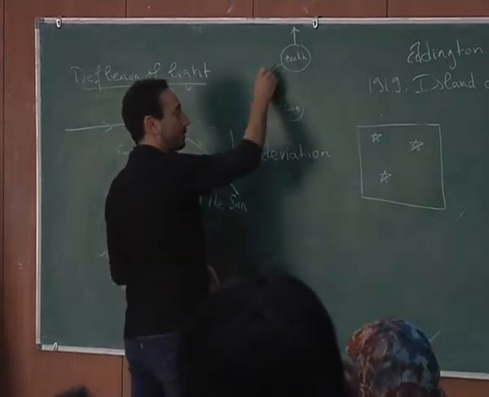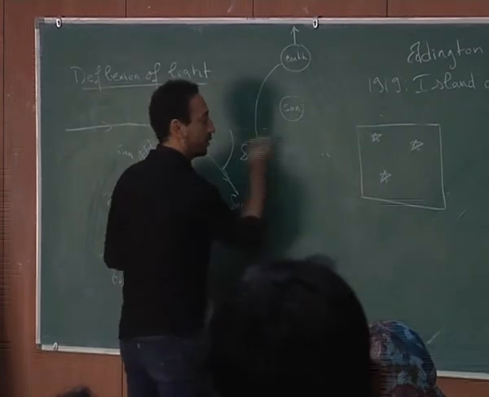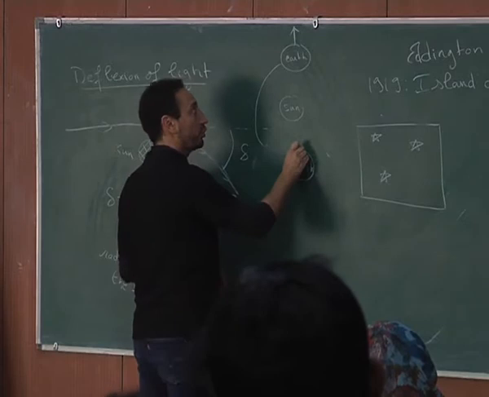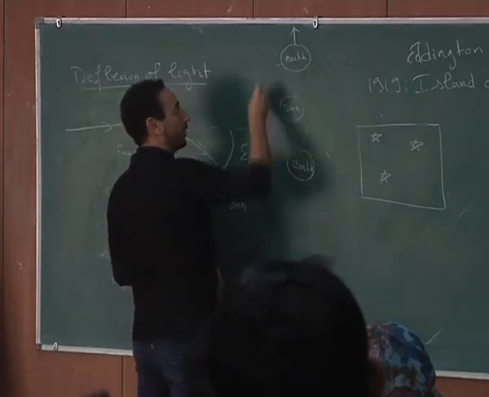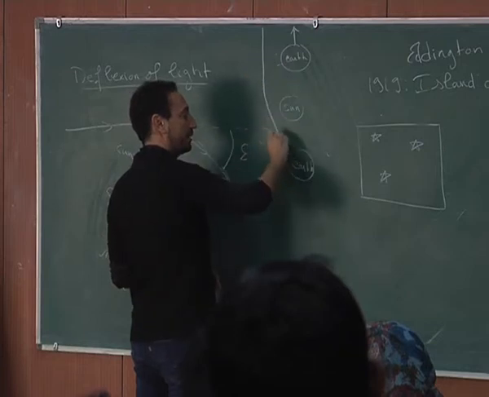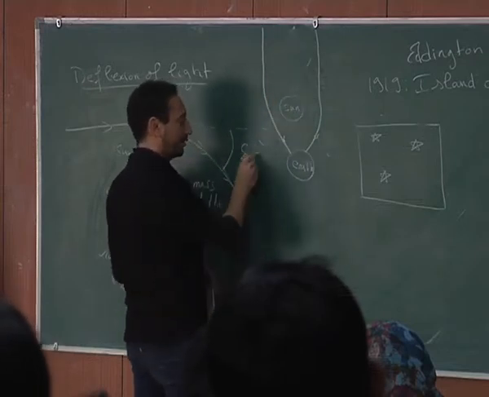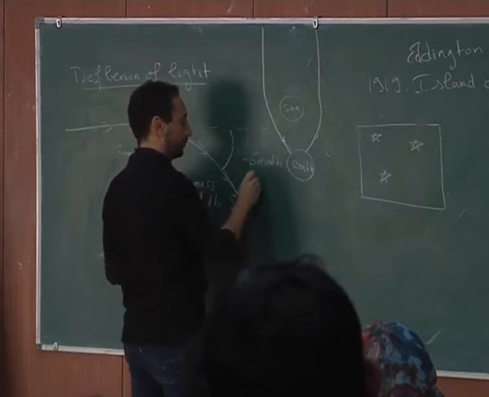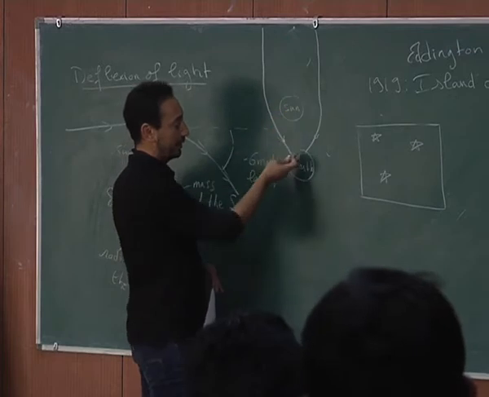So he waited 6 months, and he was now in this position here, 6 months later, and he wants to observe exactly the same stars, except that now the light which is coming from the stars gets deviated by the sun. So now the Earth is not here, this is 6 months later. And so the light gets deviated.